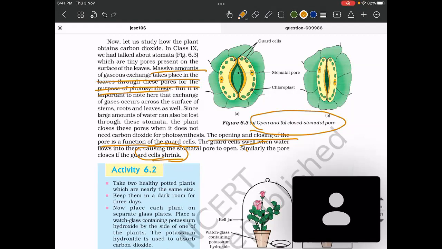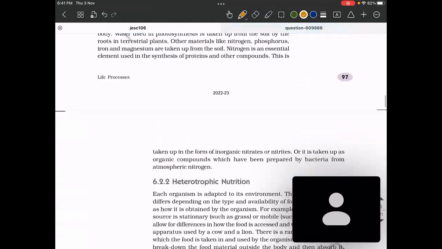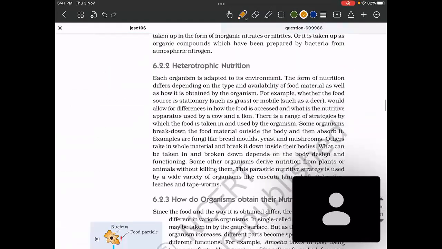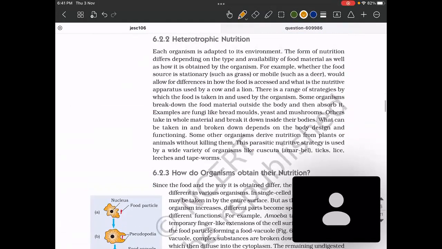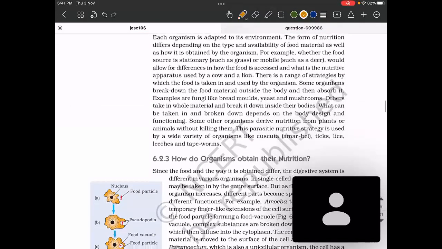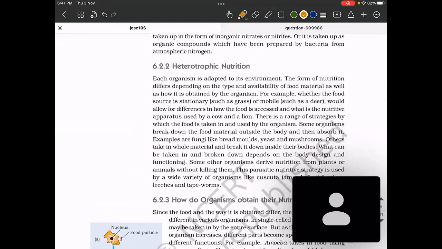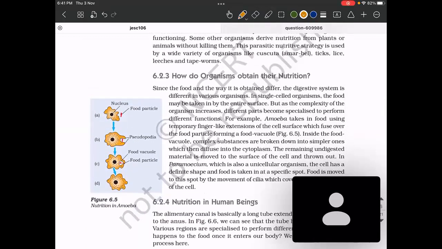Okay, fine. So these experiments basically help us to understand the requirements of photosynthesis. Okay, good. And then coming to the other simple organisms and their mode of nutrition: plants, photosynthesis, very good.